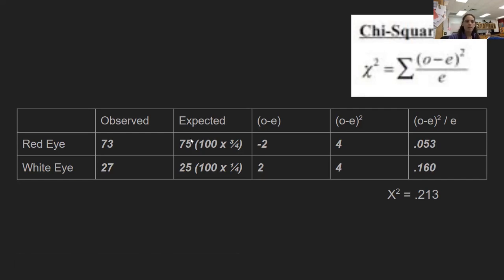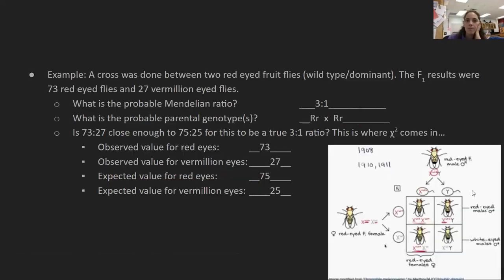That's how I got my expected. I find that most times students struggle with figuring out the expected values. For the vermilion eyes, I did 100 times 1 out of 4, because we look back here at our square, 4 possible outcomes. We had 3 with red eyes and 1 with the white or the vermilion.